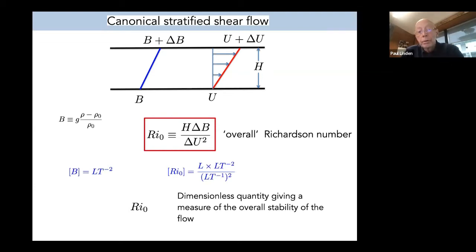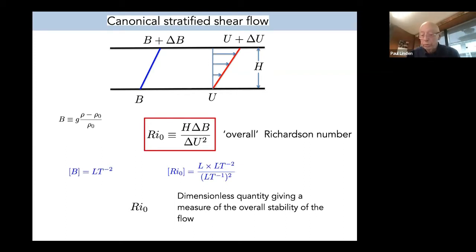And so the dimensions of the Richardson number, as you can see here, are length, H, acceleration, L T to the minus 2, and then the velocity, L T to the minus 1, all squared. And you can see that those dimensions cancel. And so this is just a dimensionless quantity, giving a measure of the overall stability of the flow.